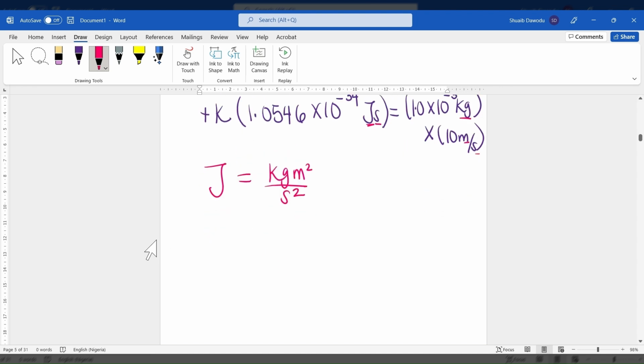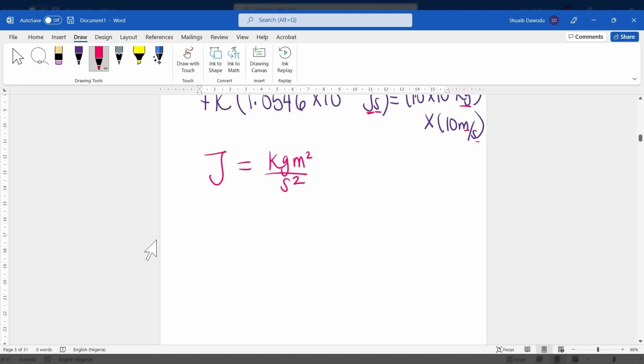For those of you who are confused, why did I get kilogram meter square per second square? If you remember from your elementary physics, they explained that joules, which is energy, comes from the formula for energy being force times distance, and the formula for force is mass times acceleration.